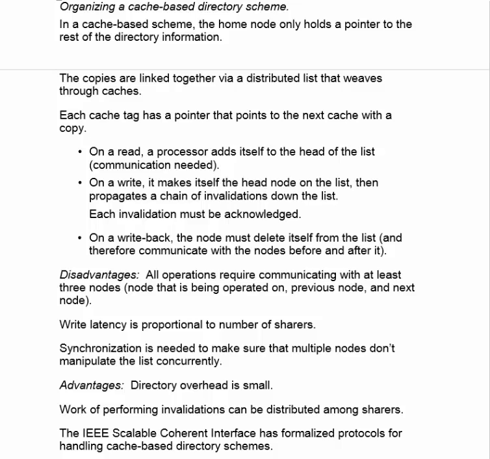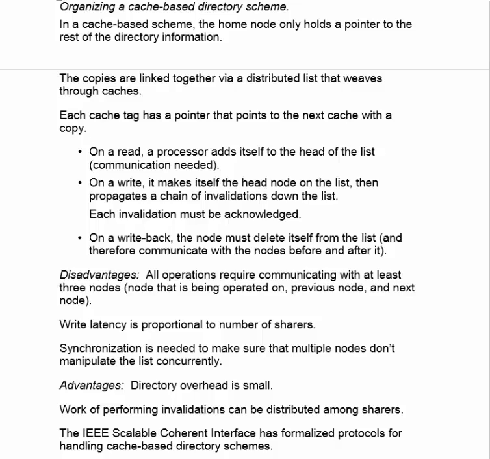But that's actually true even in a memory-based scheme, because you have to go and invalidate all those entries one by one. Synchronization is needed to make sure that multiple nodes don't manipulate this list concurrently, and synchronizing in a cache is a little bit more trouble than synchronizing in main memory.